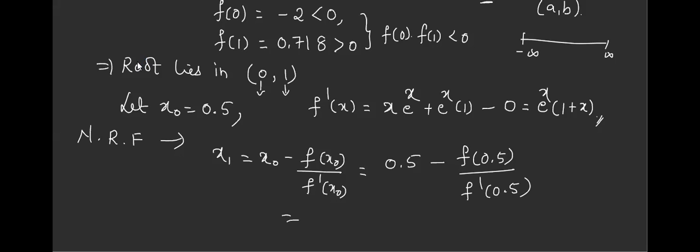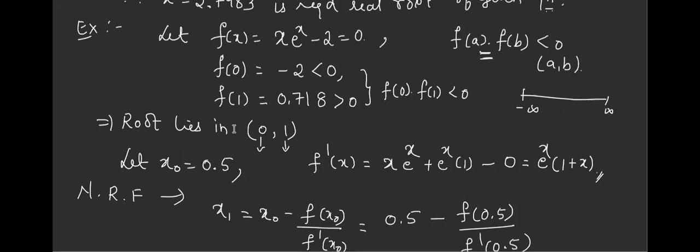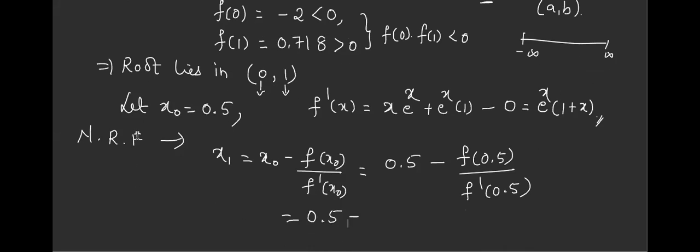Just do this calculation and tell me. In the function, f of 0.5: take 0.5, then e raised to 0.5, don't take the power again. The answer is minus 1.175.